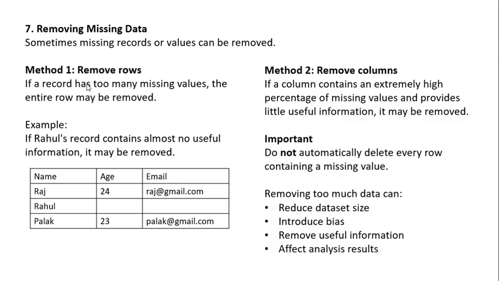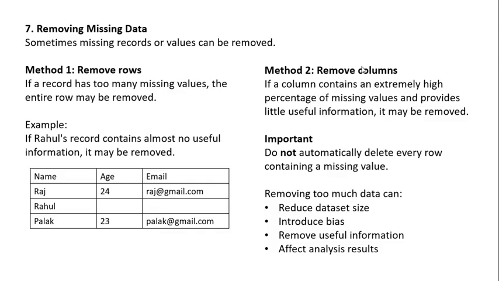If a record has too many missing values, the entire row may be removed. For example, if Rahul's record contains almost no useful information, it may be removed. Given a table with name, age, and email, Rahul's age and email are missing, so Rahul's row has to be removed.